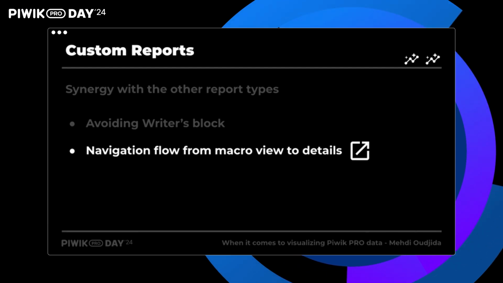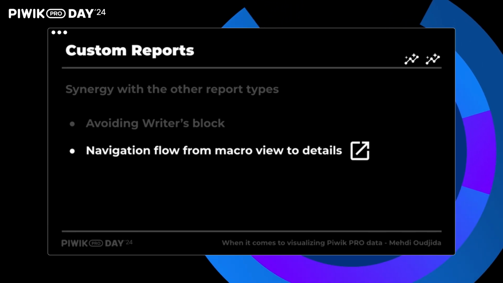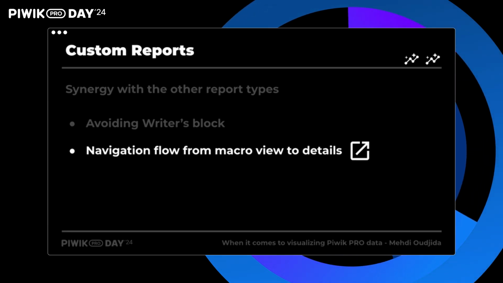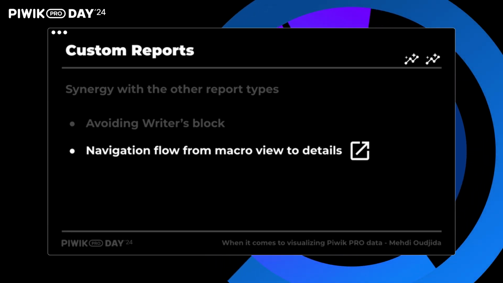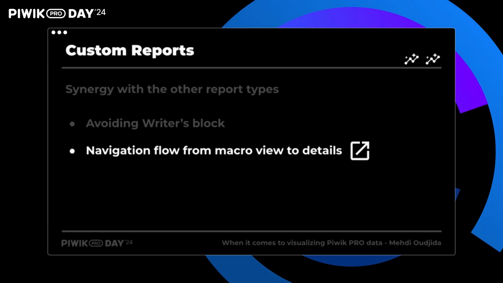And usually you start for that with the dashboards. So you start to read the dashboards and it raises some questions. And because it raises some questions, you're going to maybe dive deeper thanks to custom reports. And the interface of Piwik PRO can help you for that.